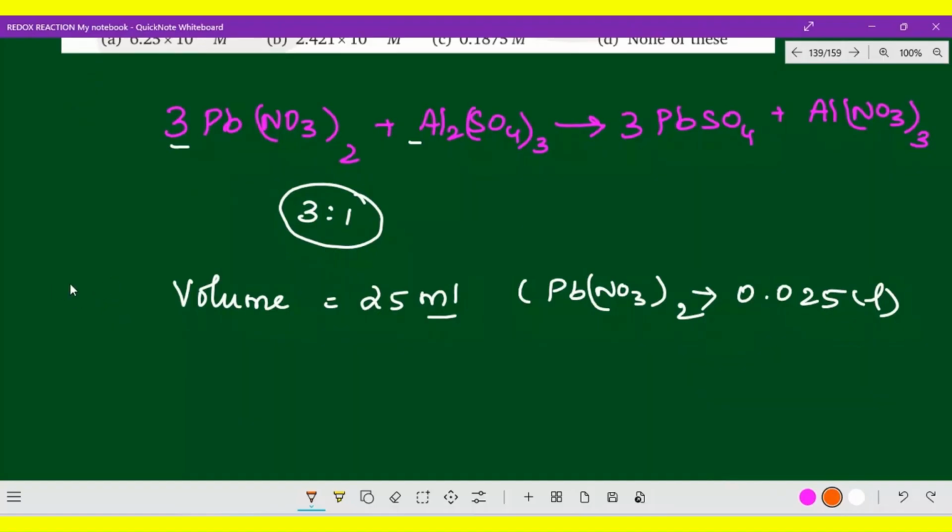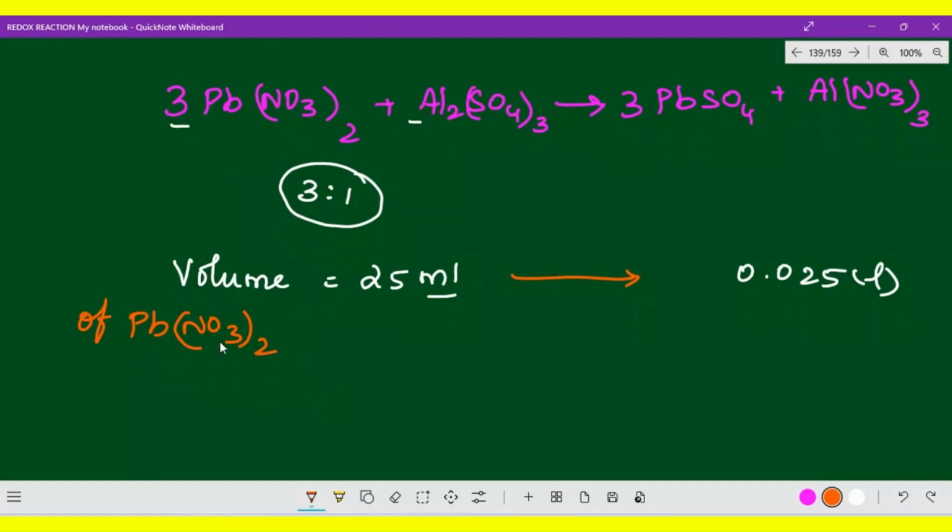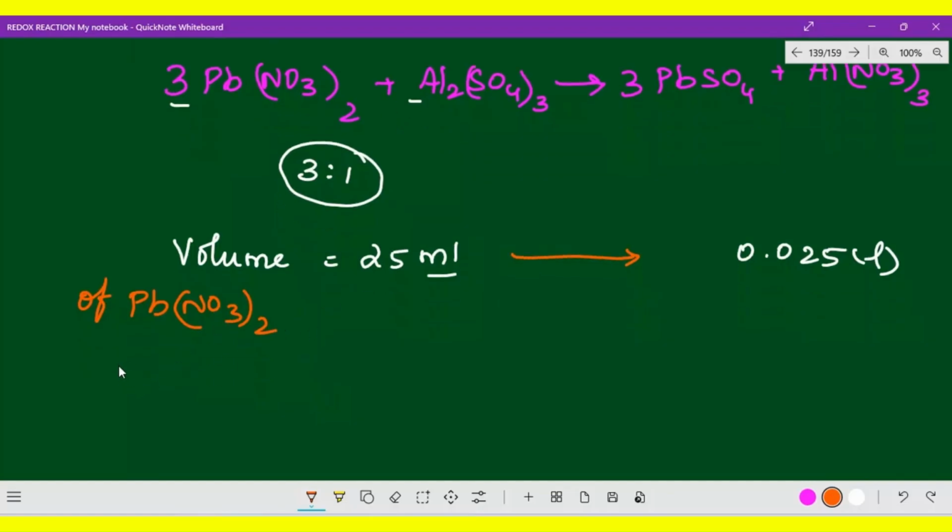I just mention it here because we get confused with the liter and all these things. So let it be here: the volume of Pb(NO3)2, and the same way the molarity of Pb(NO3)2.